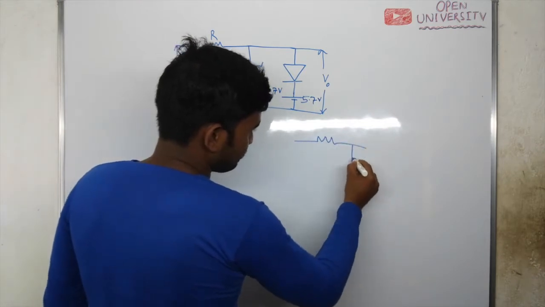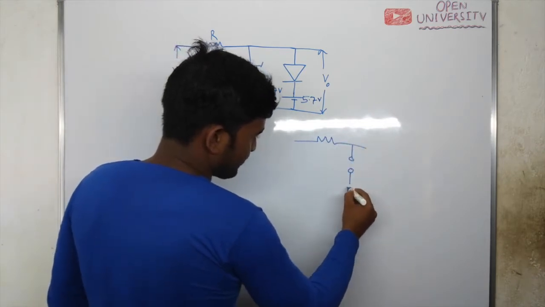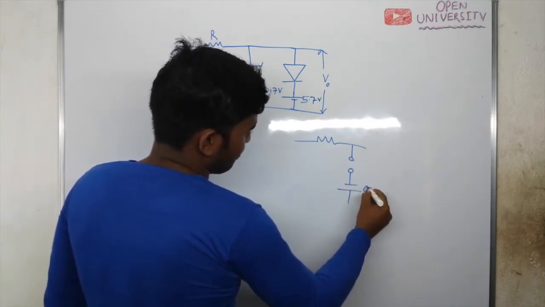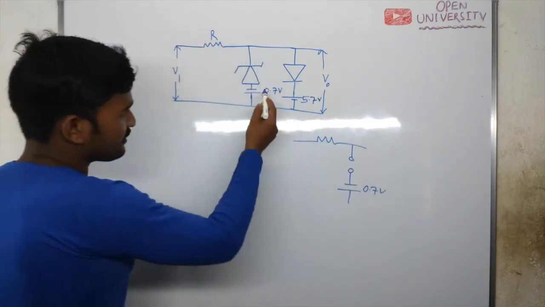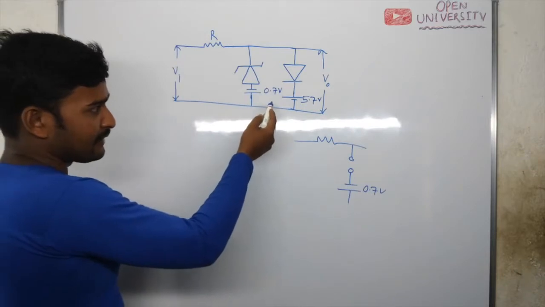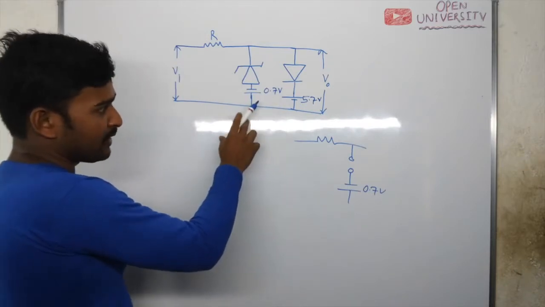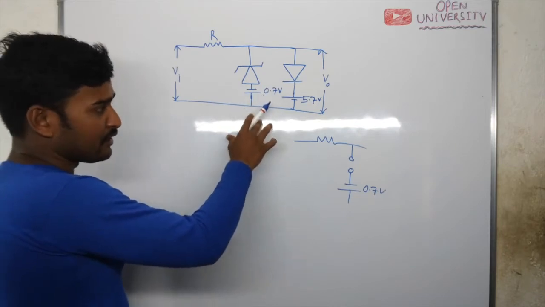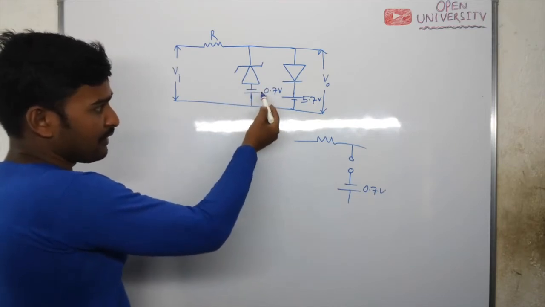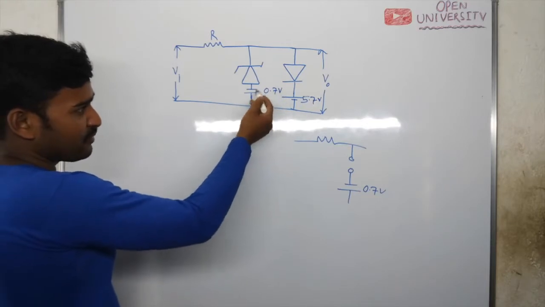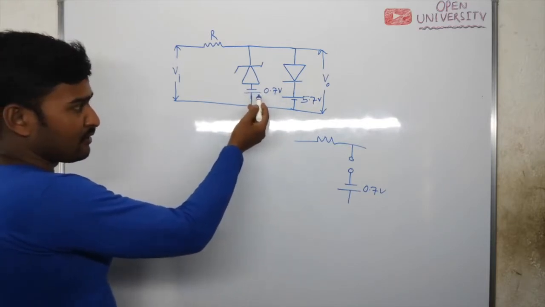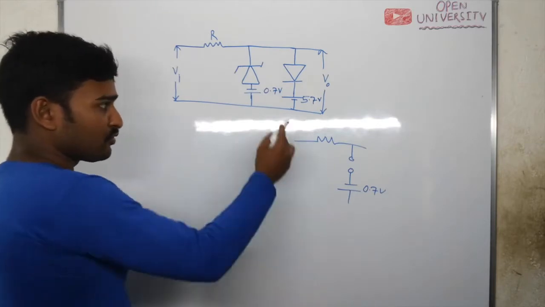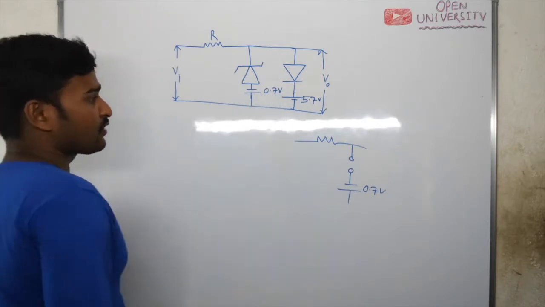I am assuming the diodes are off. This is the diagram I directly obtained by considering the cut-in voltage of 0.7 volt. In the original question, this 0.7 volt was not drawn because it is mentioned that the cut-in voltage of the diode is 0.7 volt. So this is the diagram by considering the cut-in voltage.